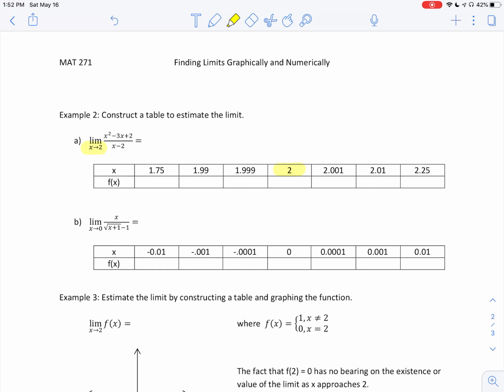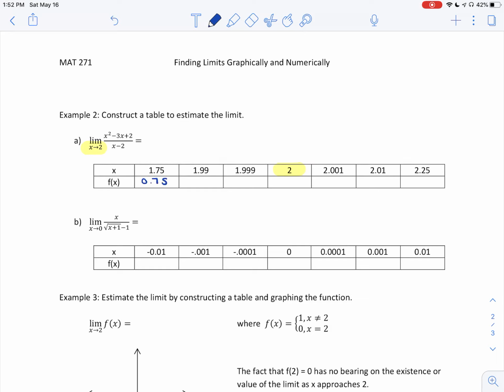So I went ahead and picked some values really close to 2, both to the left and to the right. I have 3 values over here to the left of 2 that are just a little bit below it, and 3 values over here to the right of 2 that are just a little bit above it. I went ahead and plugged these in ahead of time so as not to waste your time in the video, and here are my results.